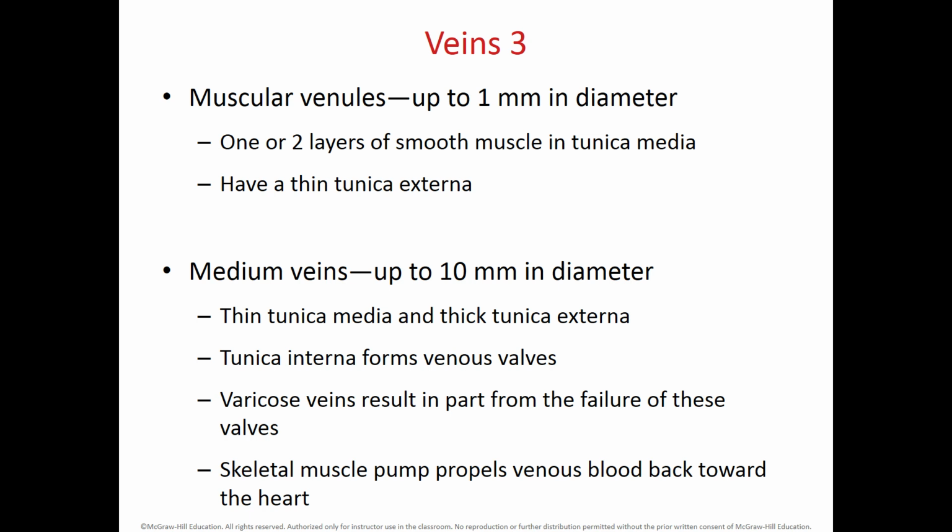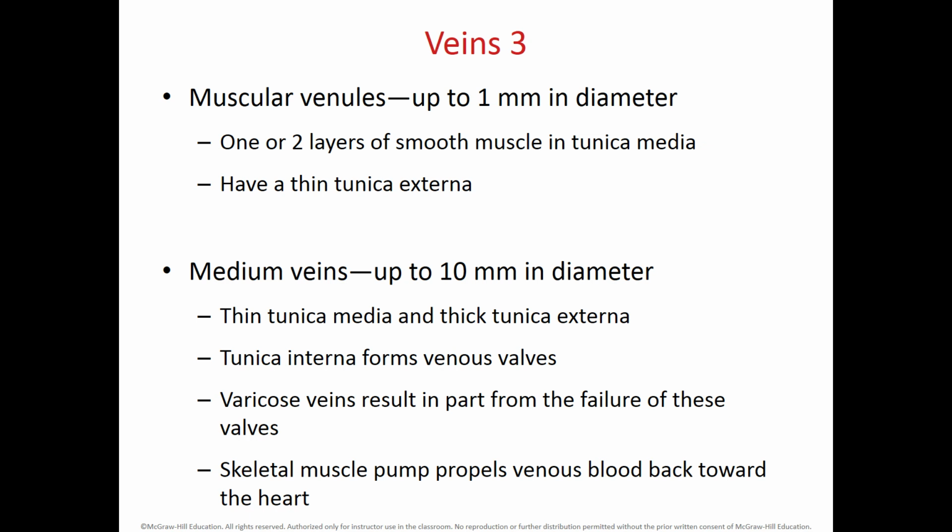These muscular venules can merge, and they will form medium-sized veins. These medium-sized veins will have a diameter of 1 centimeter or 10 millimeters, and within these medium vein walls, we have a thin tunica media and a thick tunica externa.